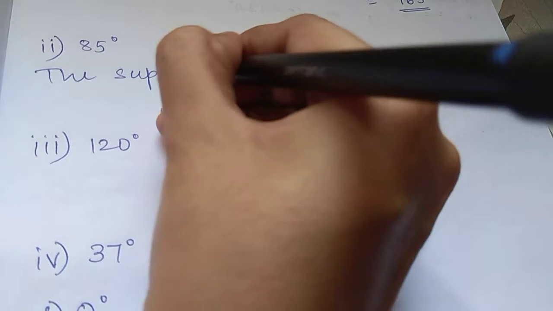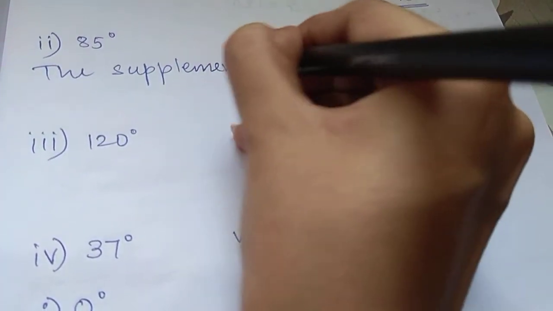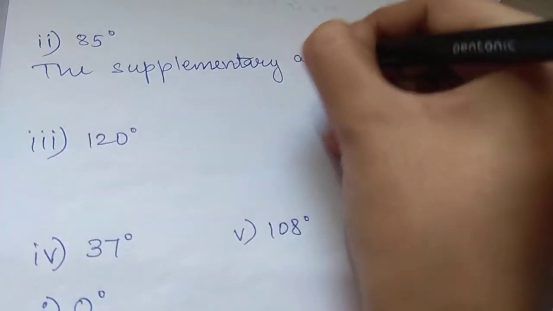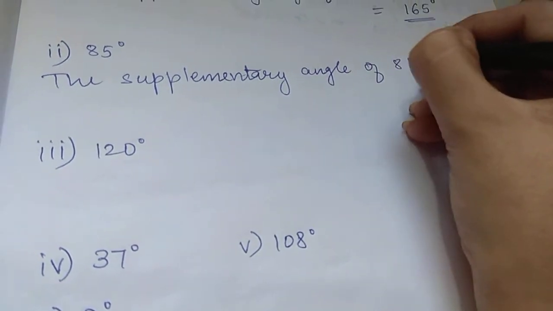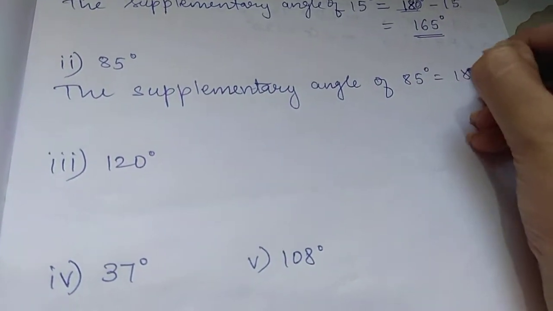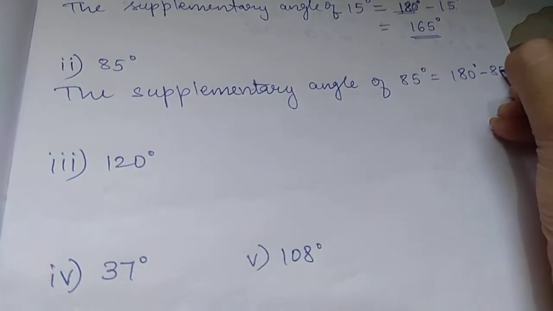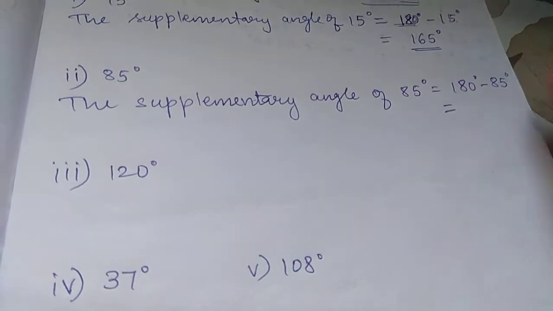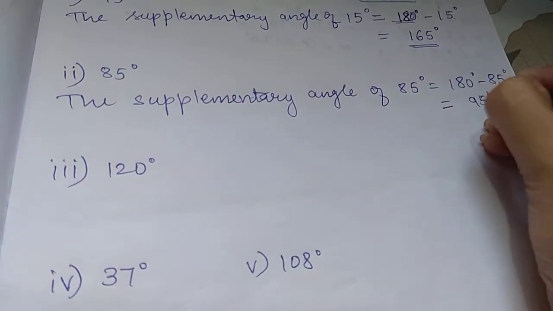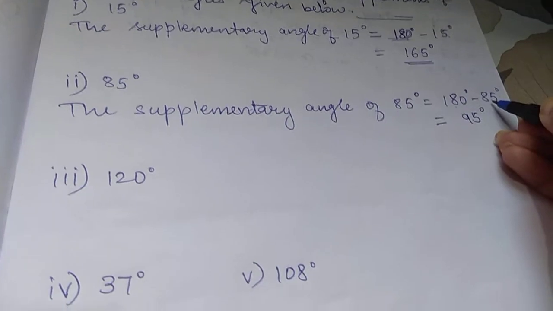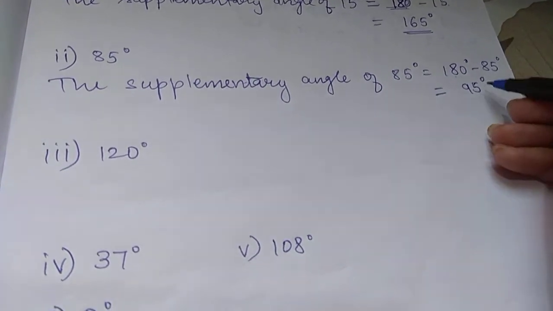Next, 85 degrees. So the supplementary angle of 85 degrees equals 180 minus 85, which will be 95 degrees. 180 minus 80 is 100, 100 minus 5 is 95.